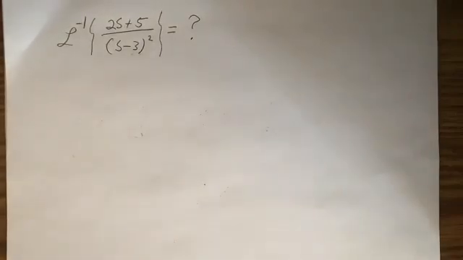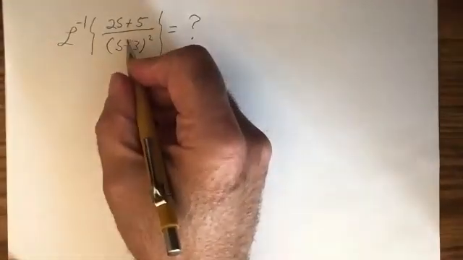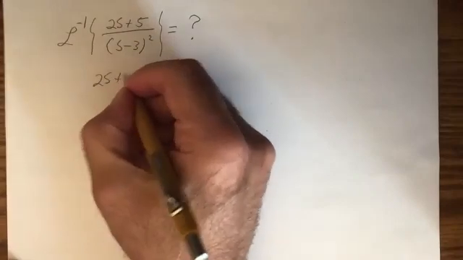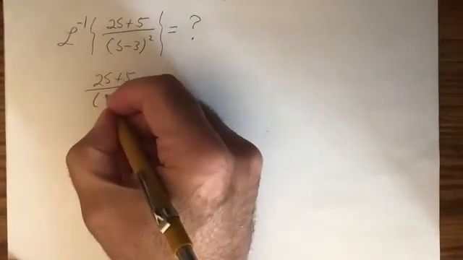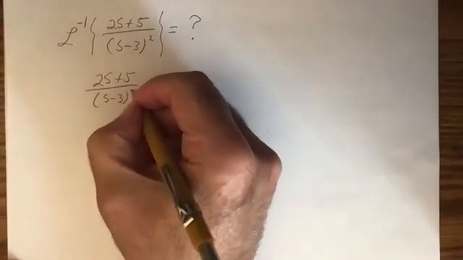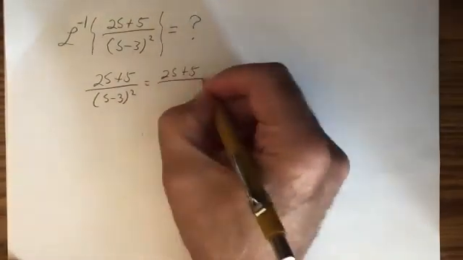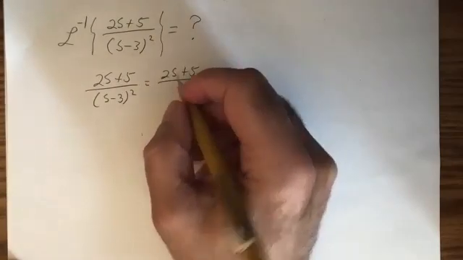All right, let me go ahead and solve this one, and then I'll give you another one to solve. So what I'm going to do is break this up. Remember partial fractions.